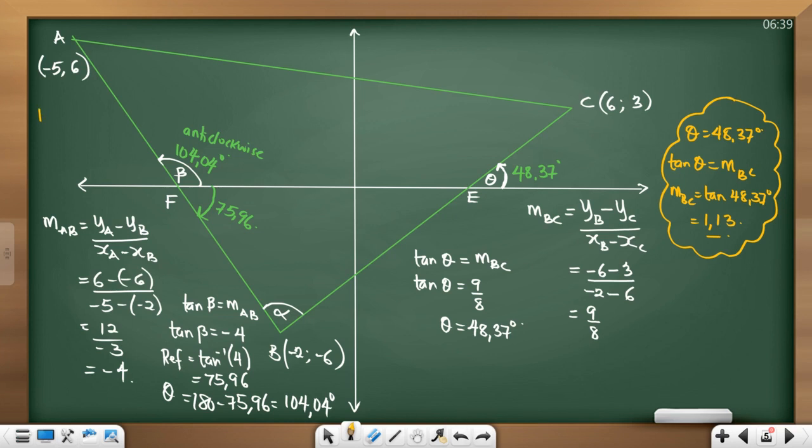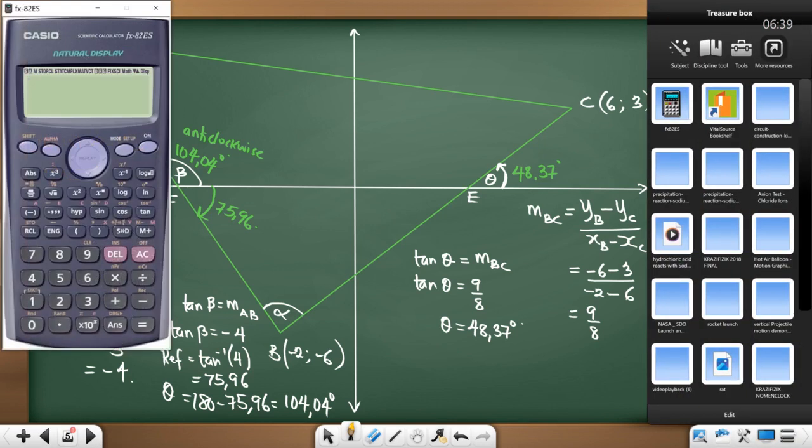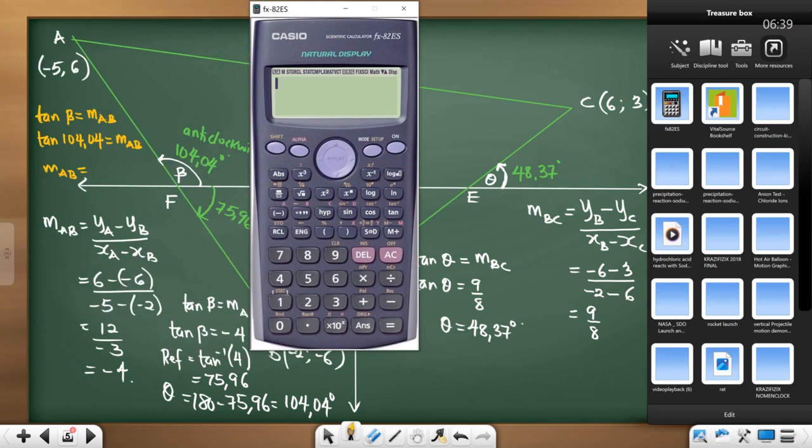And the same thing applies here. Tan beta will be equal to gradient of what? AB. And we already know our angle, tan 104,04. So what's going to be our gradient? I'm going to show you something on the right hand side, just quickly. On the left hand side, what do we have?